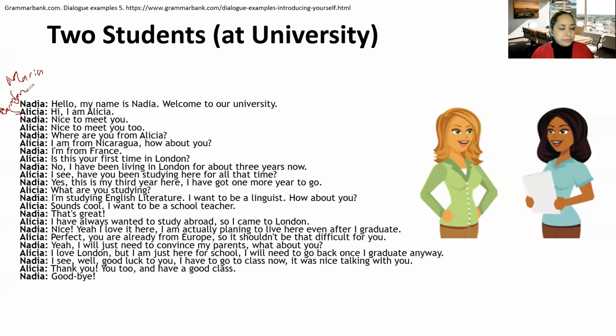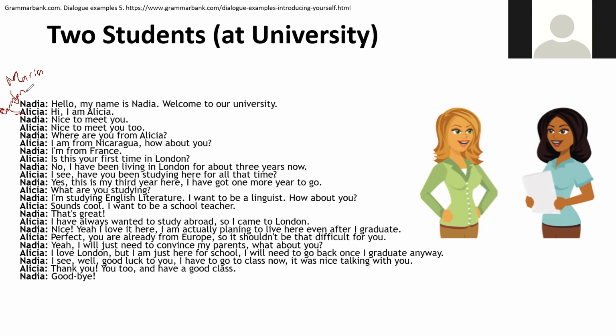Hello, my name is Nadia. Welcome to our university. Hi, I'm Alicia. Nice to meet you. Nice to meet you too. Where are you from, Alicia? I am from Nicaragua. How about you? I am from France. Is this your first time in London?